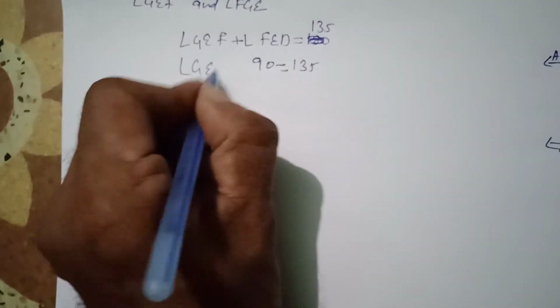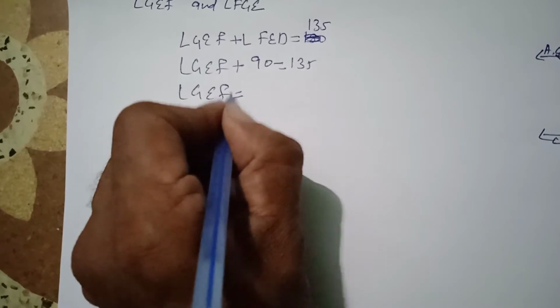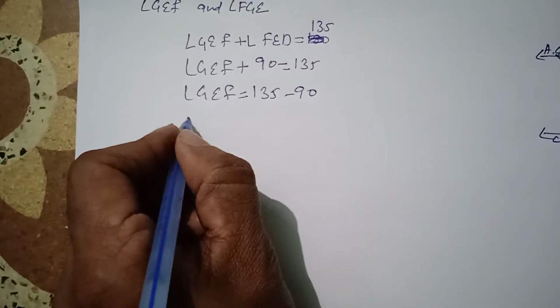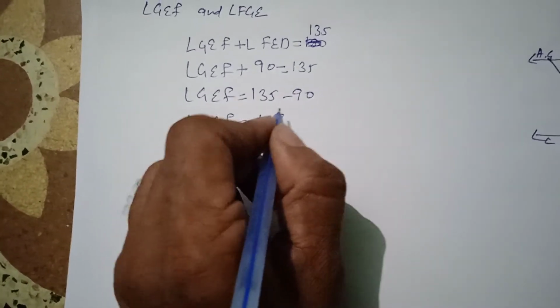Angle GEF is equal to 135 minus 90. Angle GEF is equal to 45.